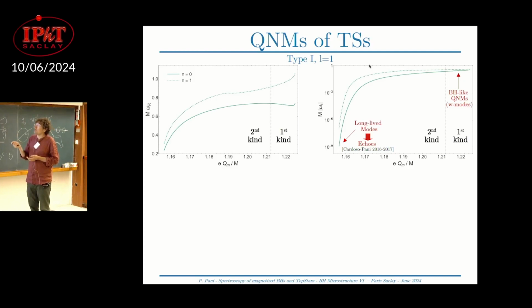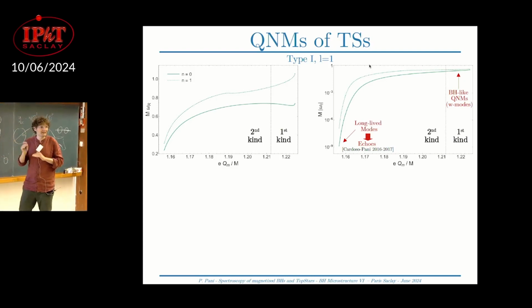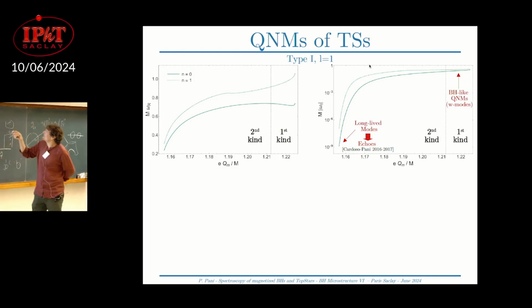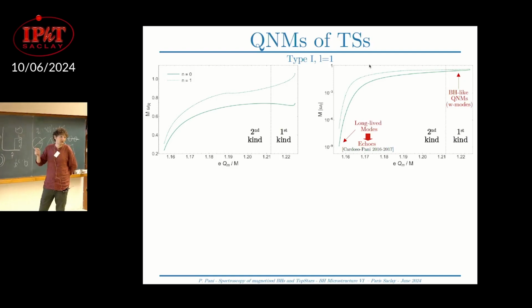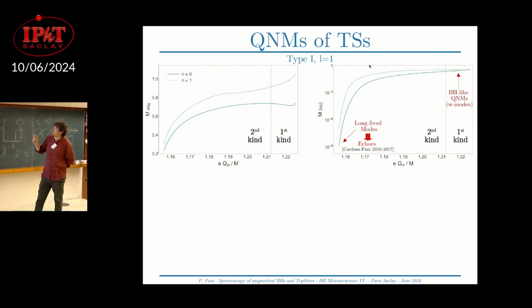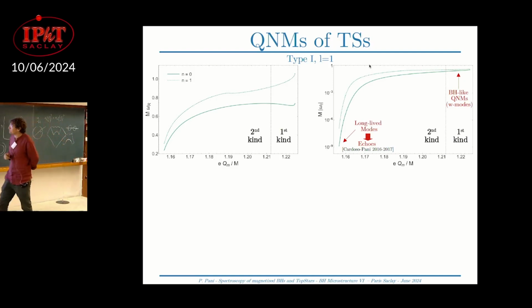So these modes become long-lived because the time scale goes like 1 over the imaginary part, so the time scale for this becomes way bigger. And coming from a different community, it's very nice that a single model interpolates so clearly between one phase and the other. This vertical line is the transition between the first and second kind solution, and you clearly see that there is also this transition in the modes.